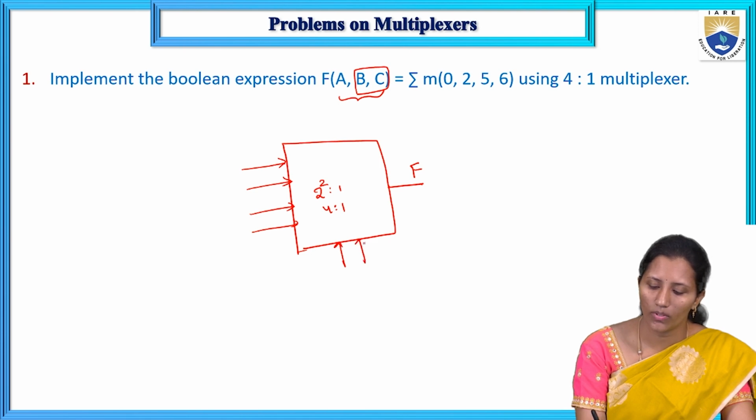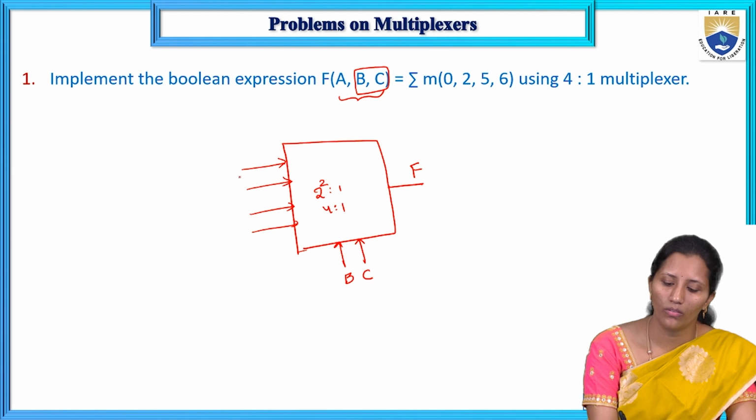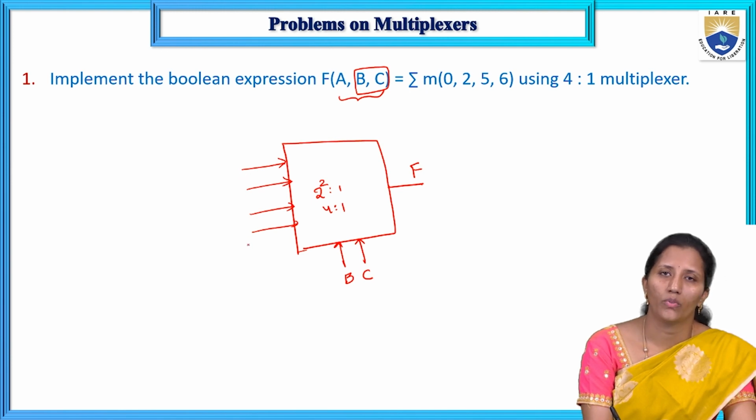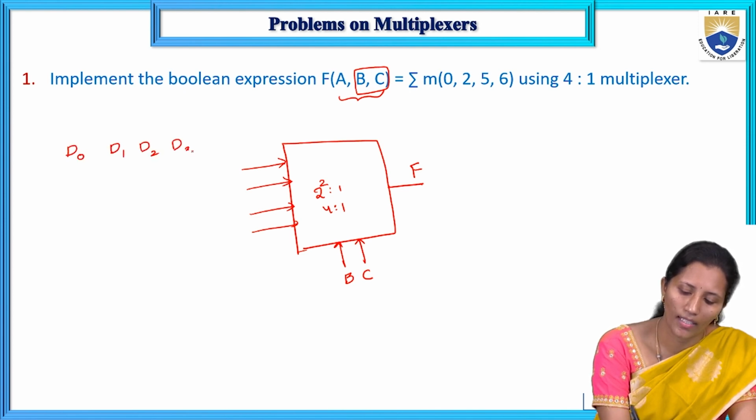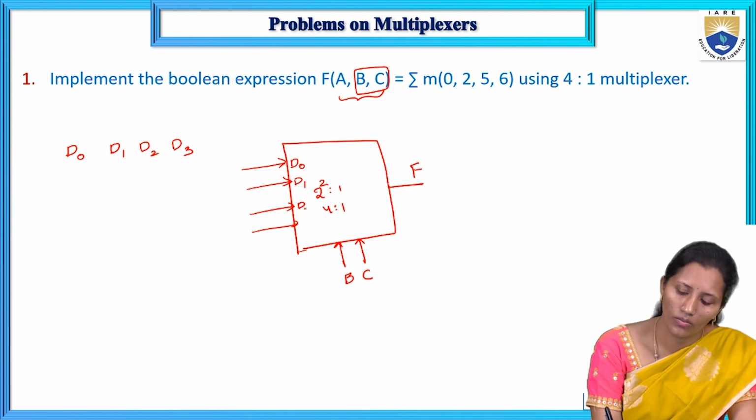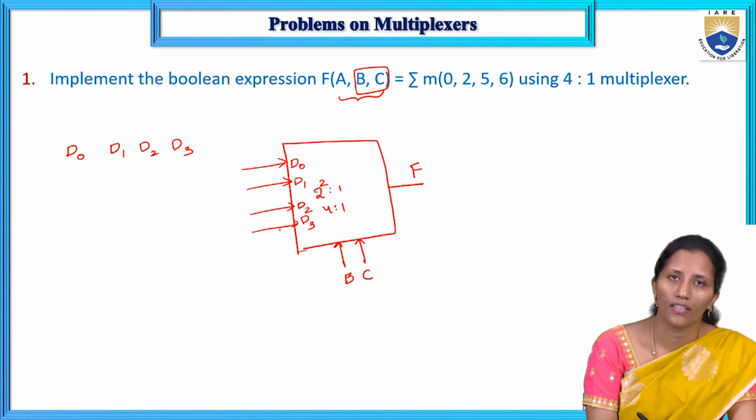The other input we take as selection lines, and we have to find the inputs by using the implementation table. In the implementation table, D0, D1, D2 and D3 are the inputs.